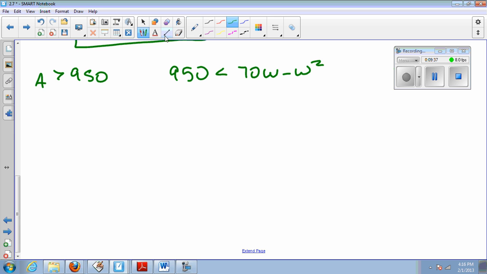And with a graphing calculator, we would make sure to set one equation where y equals 70x minus x squared. Equation 2 is 950. So we want all values where the curve is above.